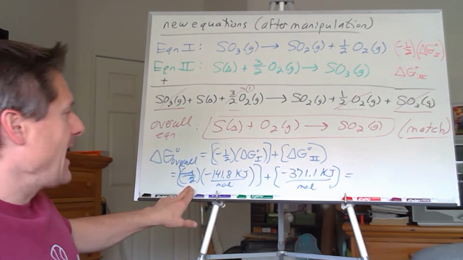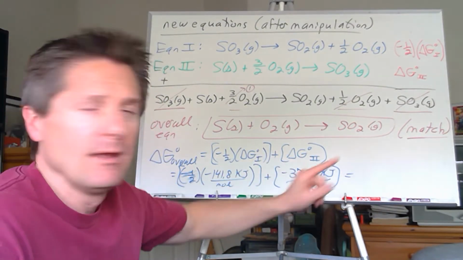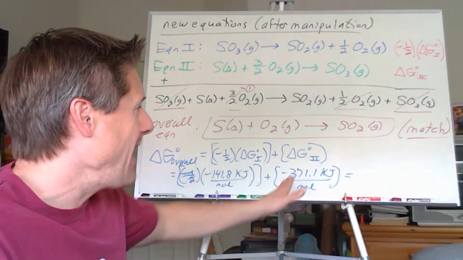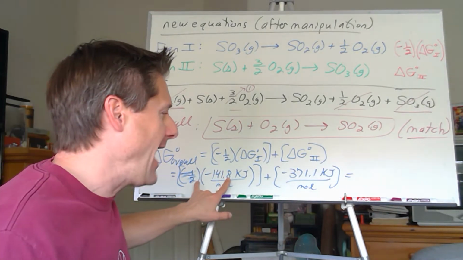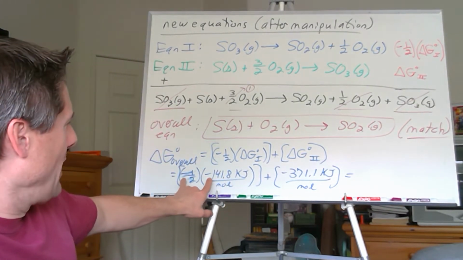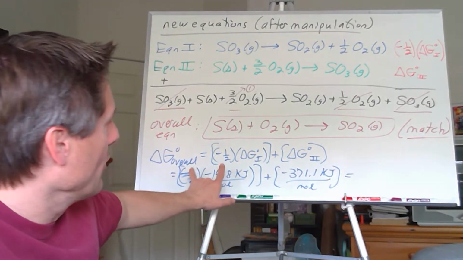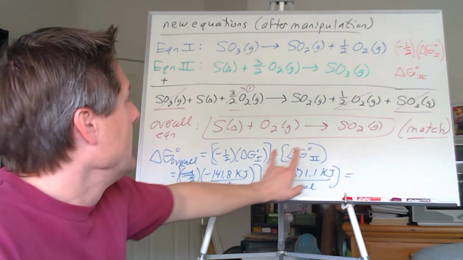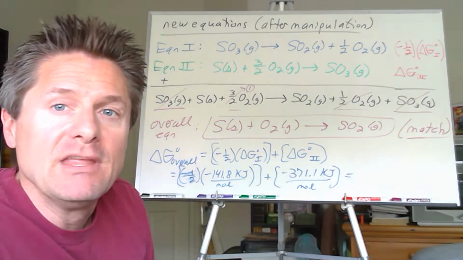And since this is an exact number, this is essentially an addition problem, so we're limited to 1 decimal point. I would normally just multiply those together to take half of that, right? To give me, what would that be? Positive 70.9 kilojoules per mole. So I would add another step and go 70.9 kilojoules per mole plus negative 371.1 kilojoules per mole, and then give me the final answer.